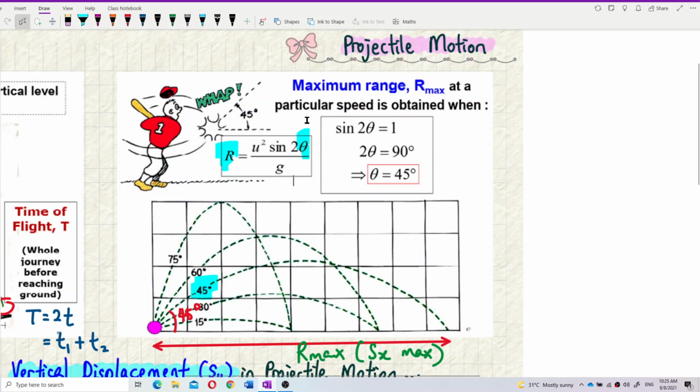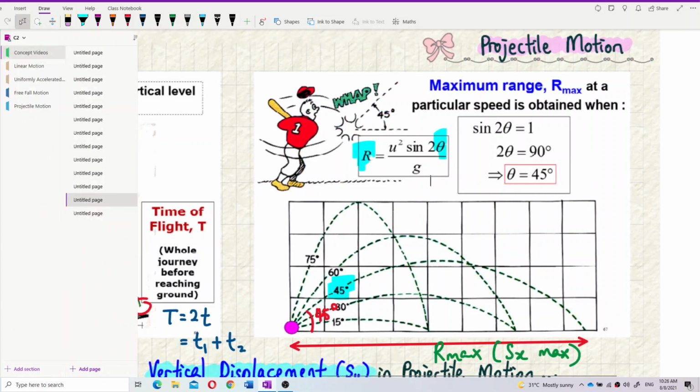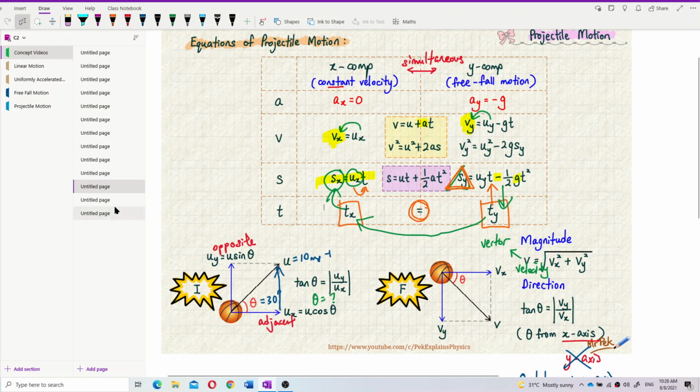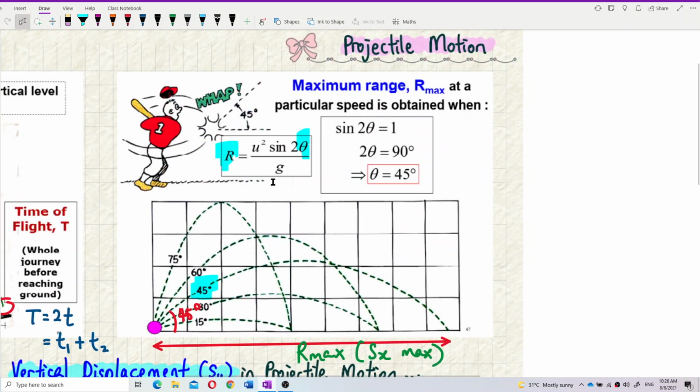However, in our syllabus, we do not really test students on how to derive this formula, and we also don't use this formula. In our syllabus, the kinematic formulas are enough to solve the problems in projectile motion.